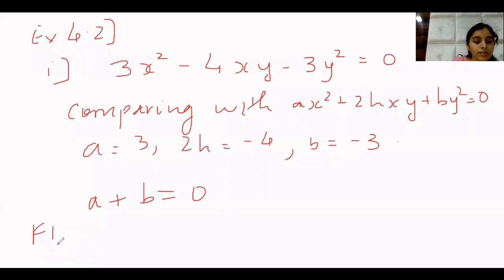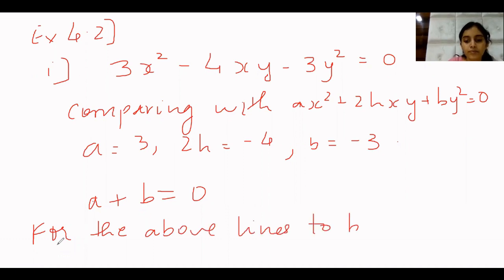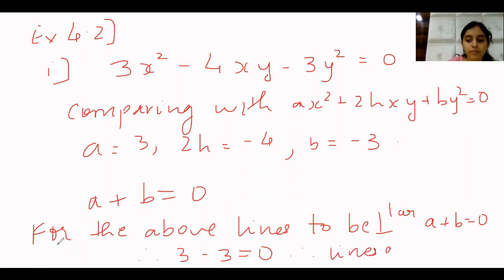For the above lines to be perpendicular, a plus b should be equal to 0. Therefore 3 minus 3 equal to 0. Therefore the lines are perpendicular. So mention the condition, check whether it's true, and therefore we can say that it's true.